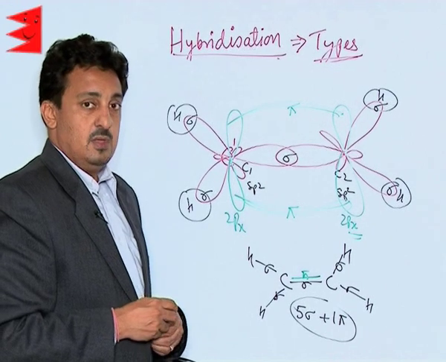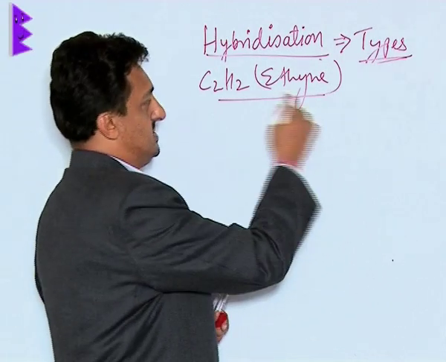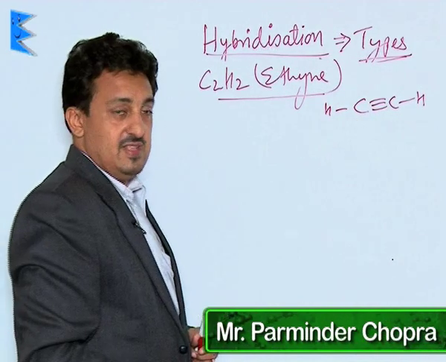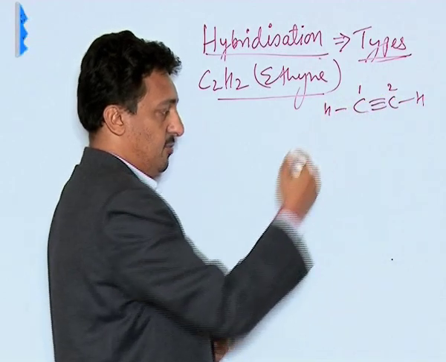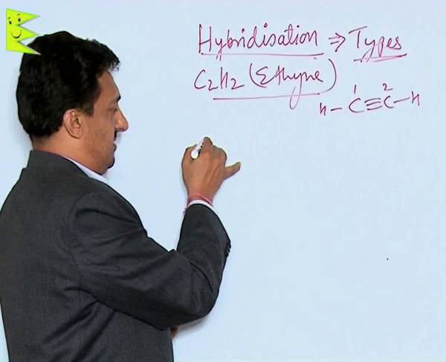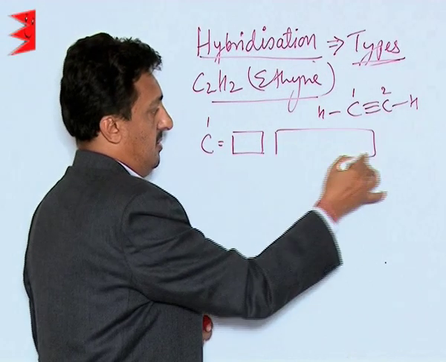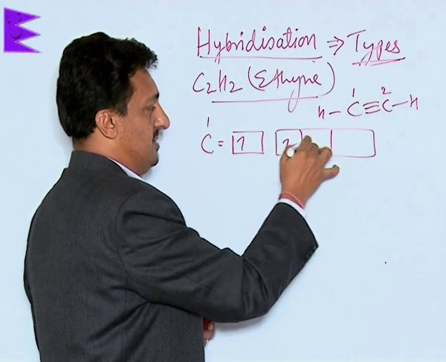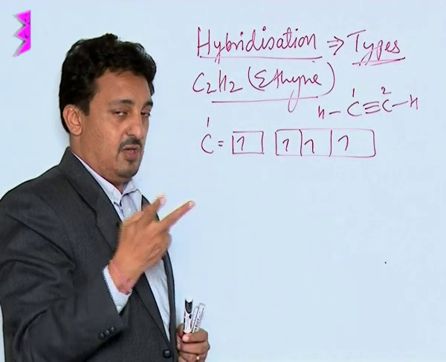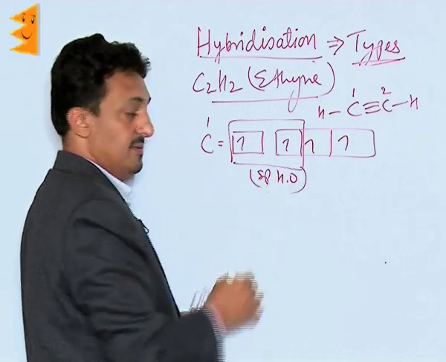Now let us see the ethyne molecule. In this, the 2 carbons have a triple bond between them, and there is 1 hydrogen on each of them. So let us see how this molecule's formation takes place. In the first carbon, though all its 4 electrons are unpaired, since this carbon is combining with 2 other atoms, only 2 of its atomic orbitals will mix with each other to form sp hybridized orbitals.